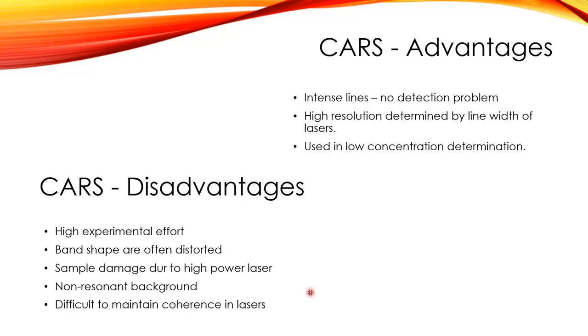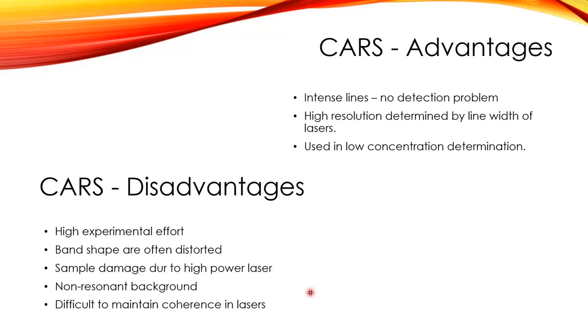There are some disadvantages for CARS. CARS can only be performed with high experimental effort. In order to carry out a CARS experiment, it is necessary to avoid any signal fluctuation caused by intensity and frequency instabilities of the laser, or due to changes in the spatial overlap of the excitation laser beams.